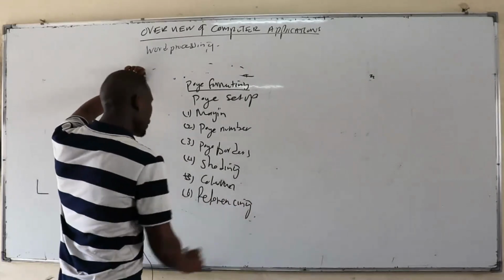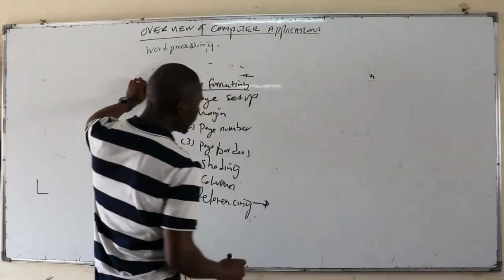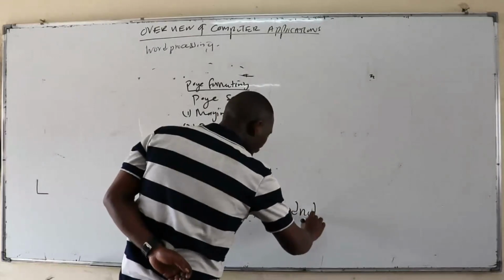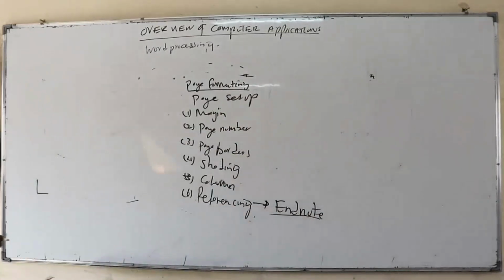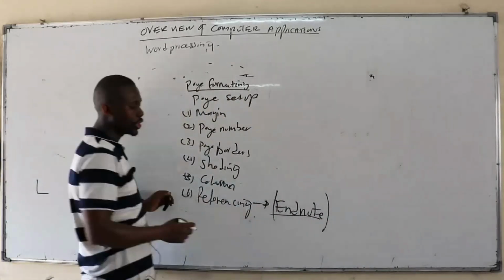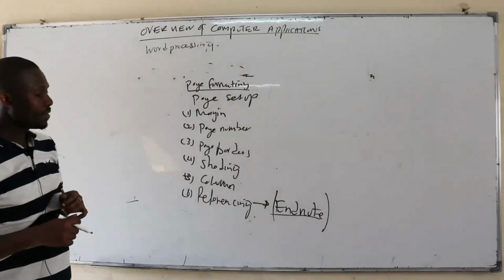Referencing may include a number of things. Like we have the endnotes. Endnotes are text that appears at the end of a section or the end of the document. They are under referencing.